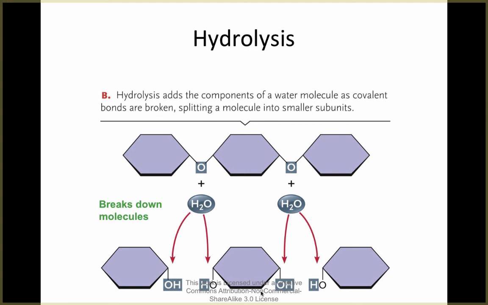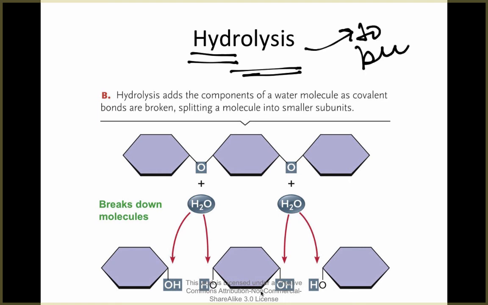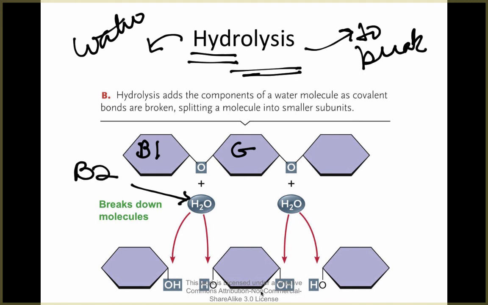Hydrolysis is essentially, as it says, hydro and lysis. You find out lys means to break. And hydro stands for water, just like in hydrophobic. So basically, if you have boy 1 here and girl, what happens? Oh my God, boy 2 comes back in the picture. And what does he do?